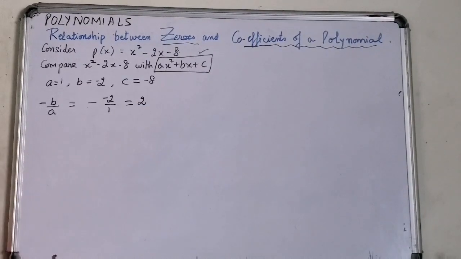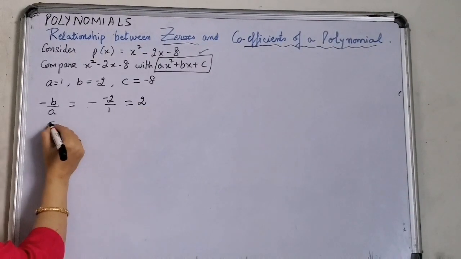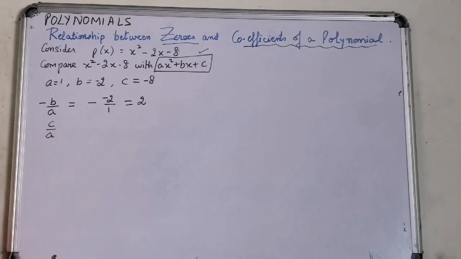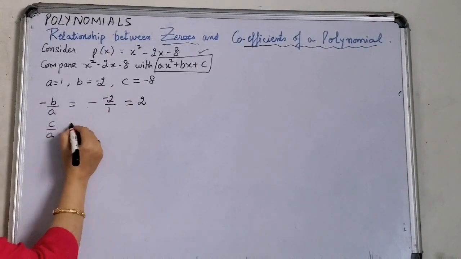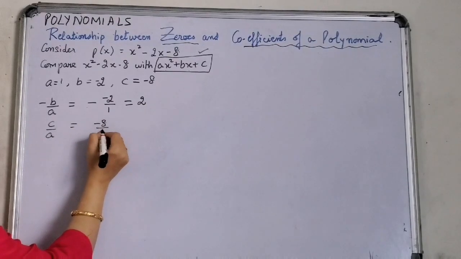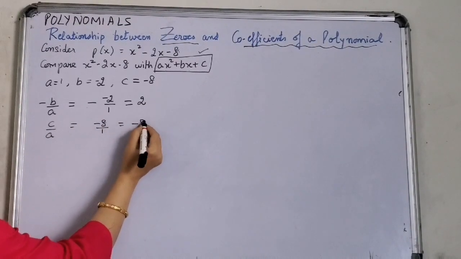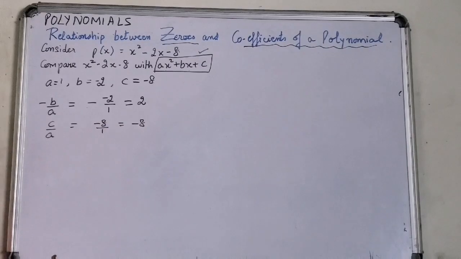After that, take out the value of c upon a. We have just modularized these coefficients. c upon a is minus 8 upon 1, so this is minus 8. Remember, minus b upon a has turned out to be 2 and c upon a has turned out to be minus 8. Now we'll work upon the zeros of it.